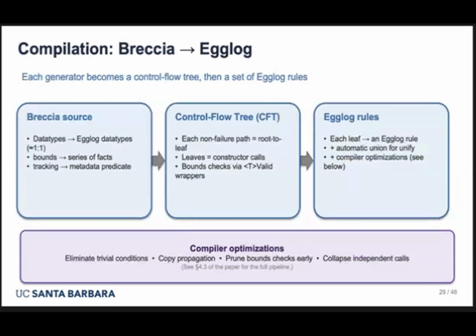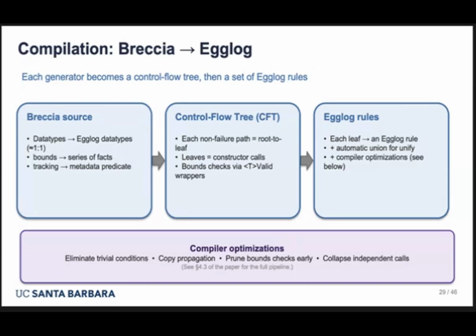So let's take a quick look under the hood. I'm not going to go into too much detail, but this is how we actually compile our DSL into Egglog. Some of the things from Breccia source that the user writes are pretty one-to-one. Things like data types can become Egglog data types, bounds become a series of facts, and things like that.